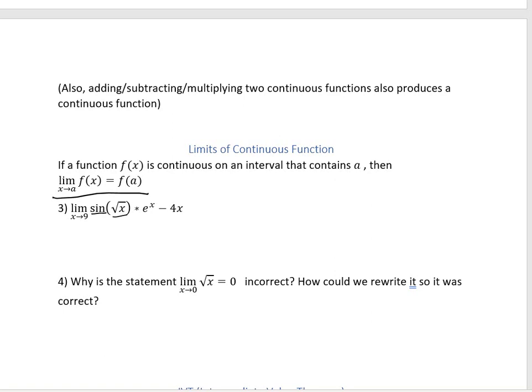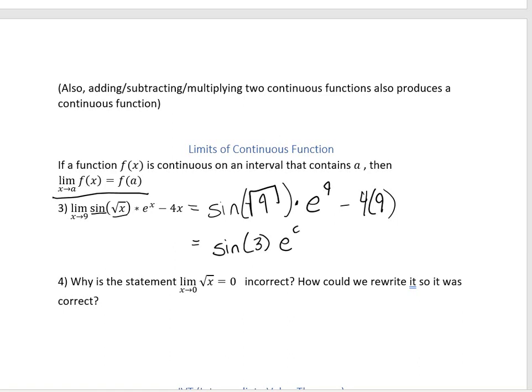So if we put a continuous function inside another continuous function, multiply by a continuous function, and then subtract a continuous function, we get an overall continuous function. So we can just plug it in. That's going to be sine of the square root of 9 times e to the 9th minus 4 times 9. That would be our limit value. Let's clean that up a little bit: sine of 3 times e to the 9th minus 36.